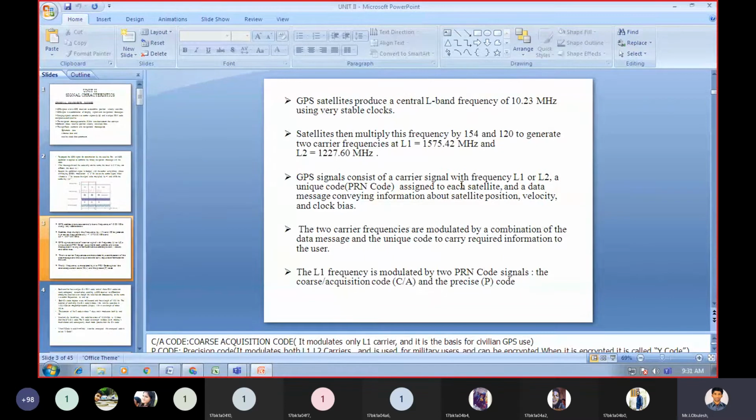The two carrier frequencies are modulated by a combination of the data message and unique code to carry the required information to the user or to the receiver.